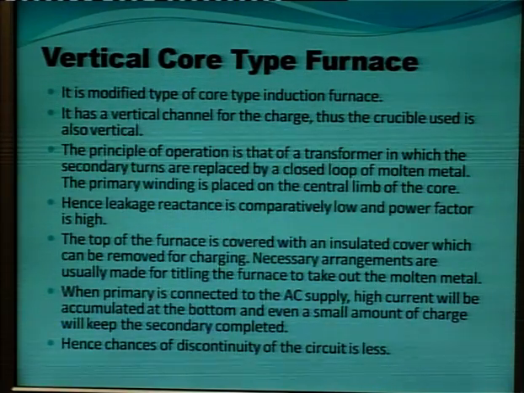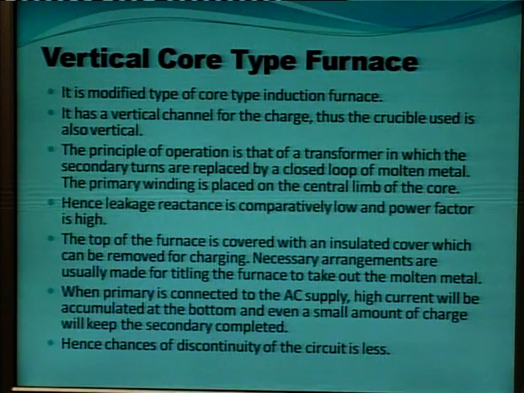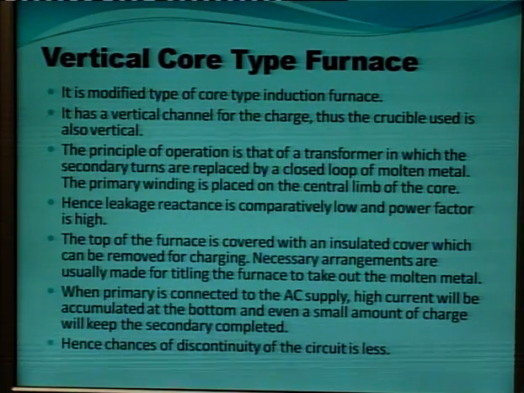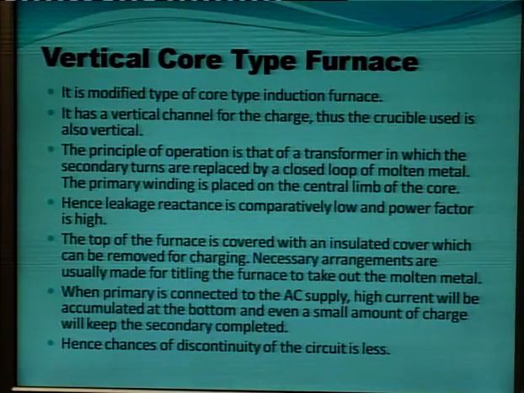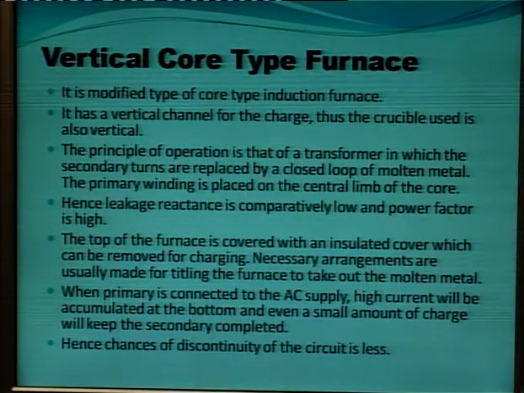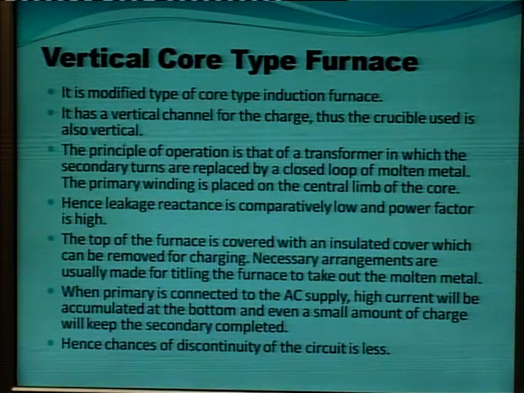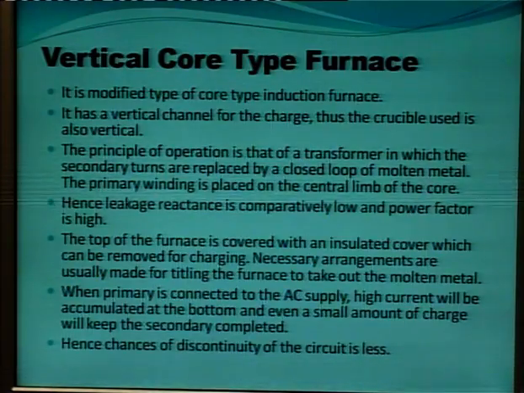The principle of operation is that of a transformer in which the secondary turns are replaced by a closed loop of molten metal. The primary winding is placed on the central limb of the core. Hence, the leakage reactance is comparatively low and therefore the power factor is high.